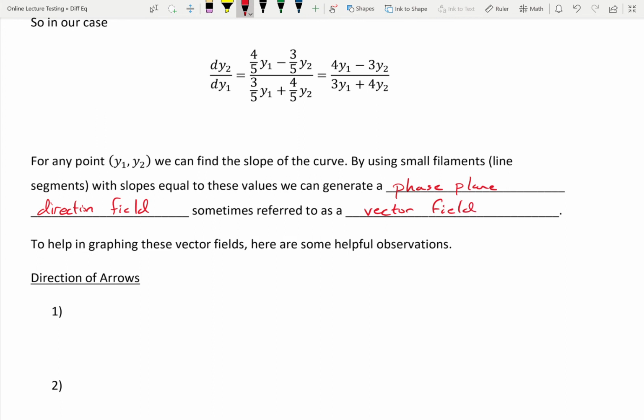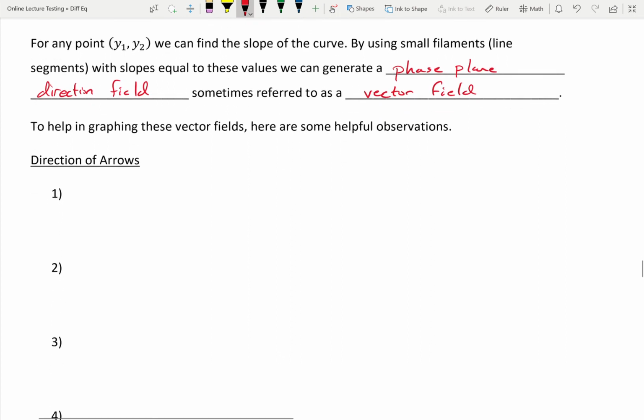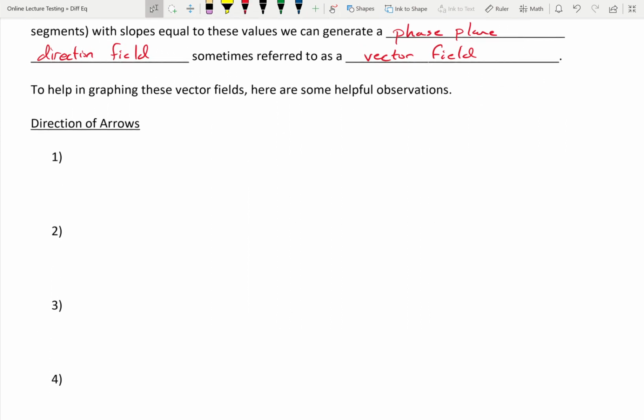In order to help with graphing these vector fields, there are some helpful observations. The direction of each of these line segments we're going to generate is dependent on the value in the numerator versus the value in the denominator.